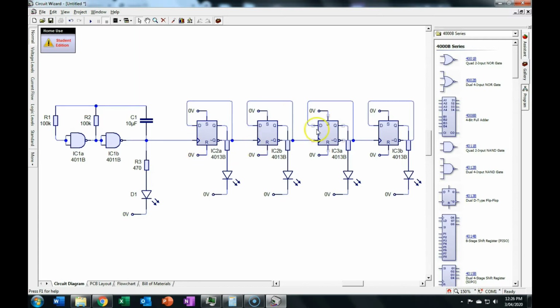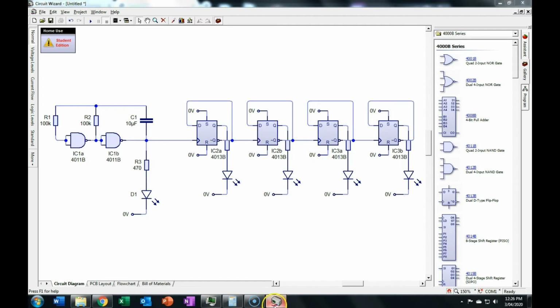Whereas in this circuit, they're not going to change exactly at the same time, because this one needs to wait until the output of this has changed, which takes a little bit of time from when it sees that positive-going edge on that clock input. So if we have all of the clock inputs connected together, and we have the inputs determined using logic, then that would be a synchronous counter.